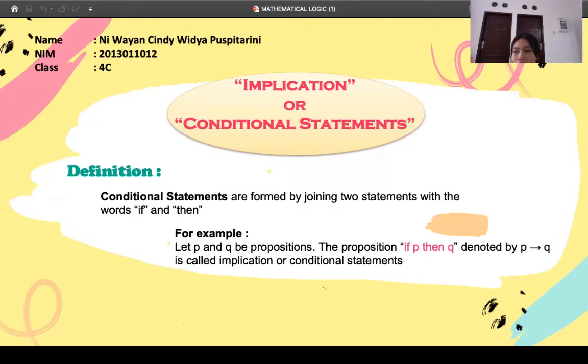Now, please pay attention to this important point. If P then Q is called conditional statement, we know that already from the structure of the sentence. If the words if and then are in the sentence, it is always a conditional statement.